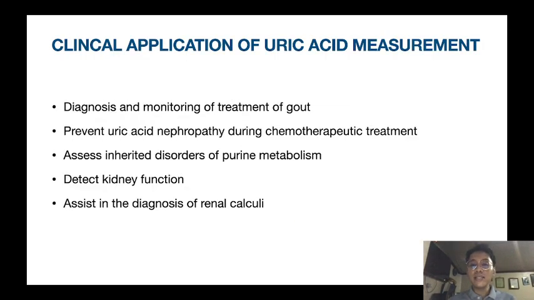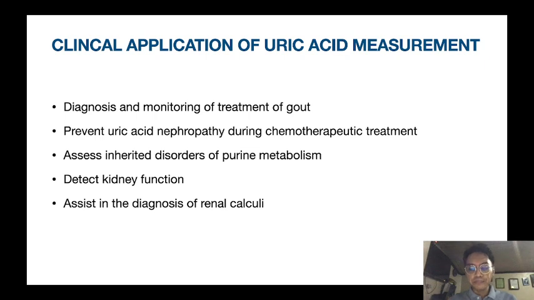And then when there is chemotherapeutic treatment, so itong chemotherapy, actually these will destroy the cells in our body kasi gusto niya nga i-destroy ang cancer cells, 'di ba? The goal of chemotherapy is to destroy the cells in the body, specifically the cancer cells.